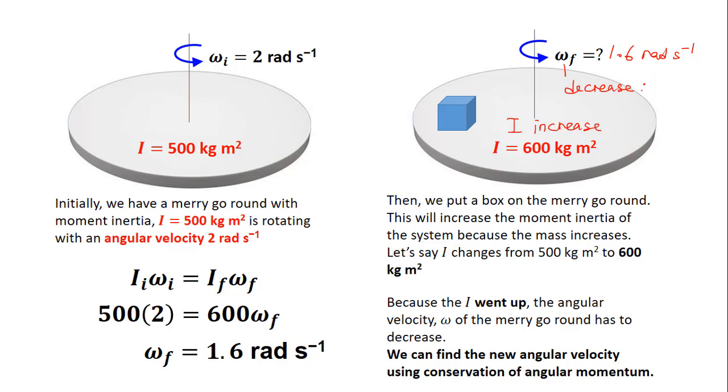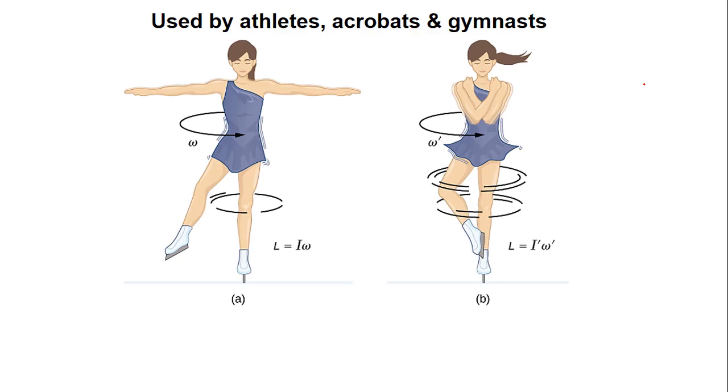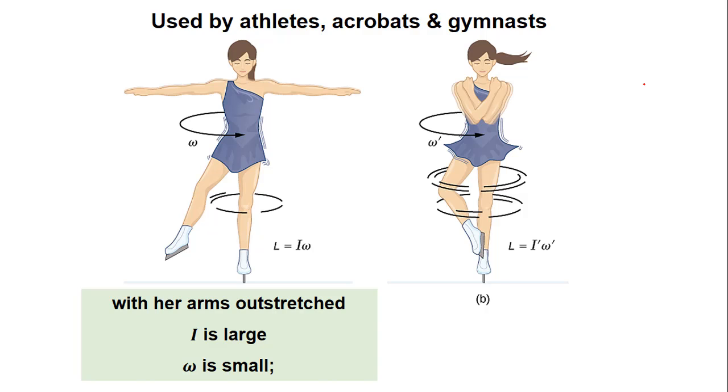Basically, the conservation of angular momentum is used by many athletes, acrobats and gymnasts. For example, consider this ice skater. As the ice skater outstretches her arms, our moment of inertia I is large, so our angular velocity omega will be small.